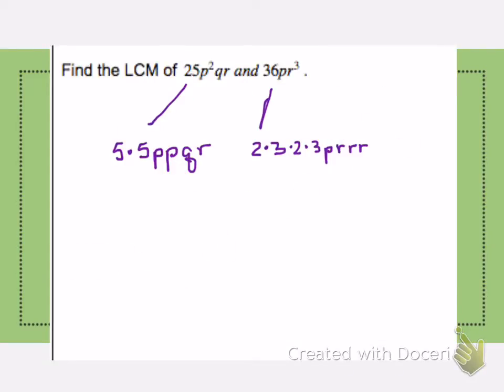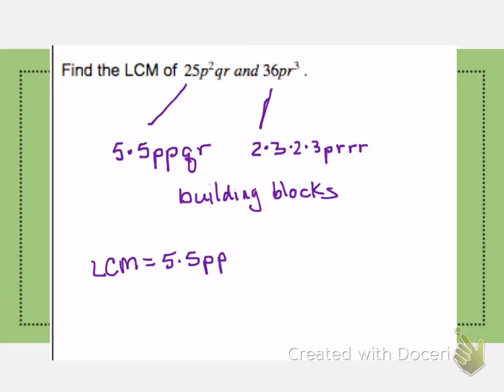To find the least common multiple, the LCM, I'm still going to break it down into the primes. So I just copied those over from the previous problem. You can copy down your primes. And then remember, for LCM, I want the building blocks of each. So for my LCM, I want all the parts of the first value, and then I want to make sure I have all the parts of the second value.